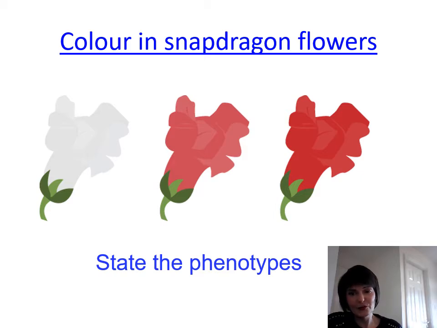The one on the furthest left would be white, because that's what it physically looks like. The one in the middle would be pink, and the one on the right would be red. So that's another example of a phenotype.